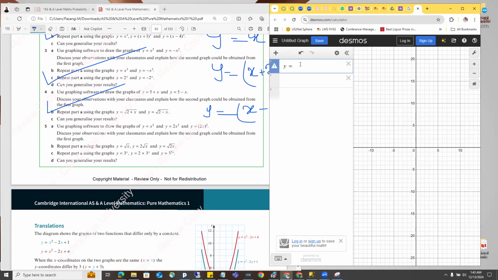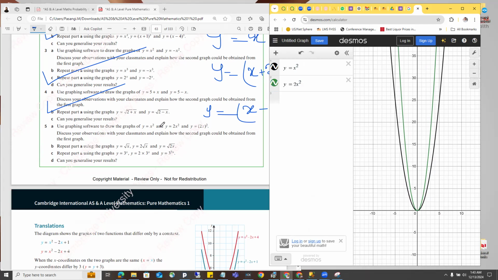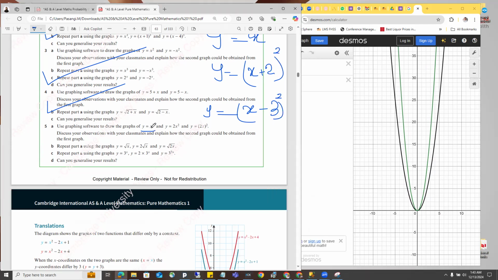First one is 2x squared, the other one is 2x squared. Okay. First, tell me these two. If we compare y equals x squared and y equals 2x squared, what do we have?